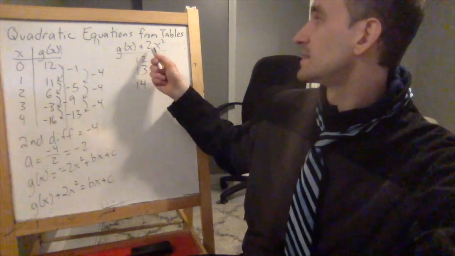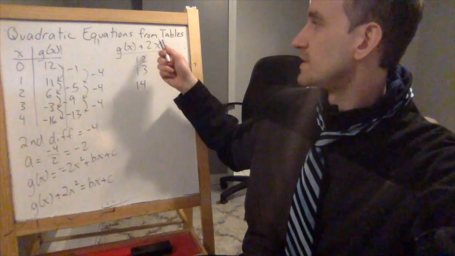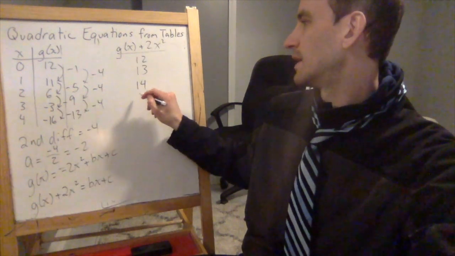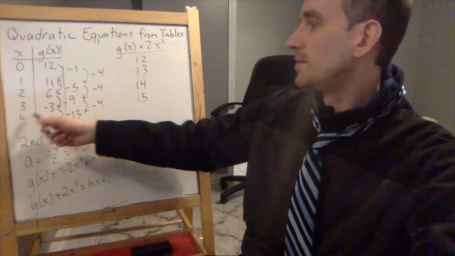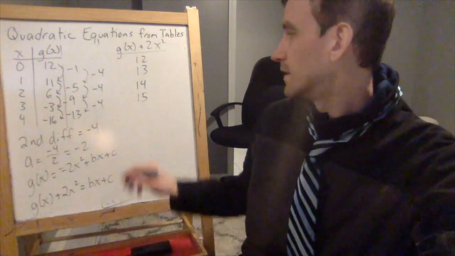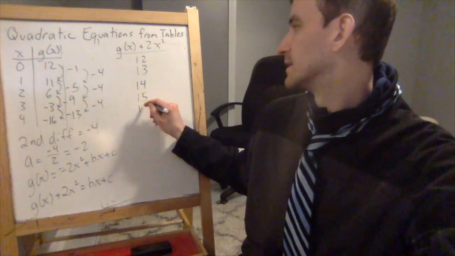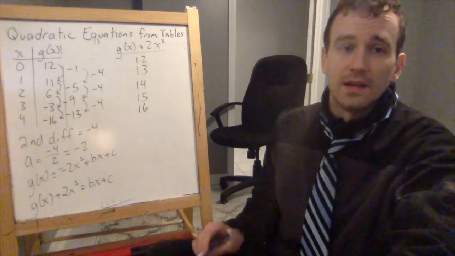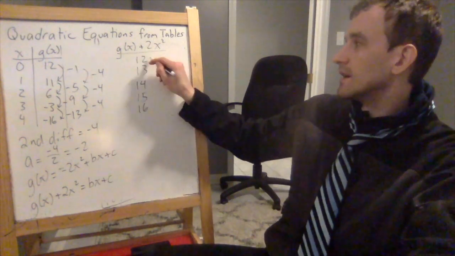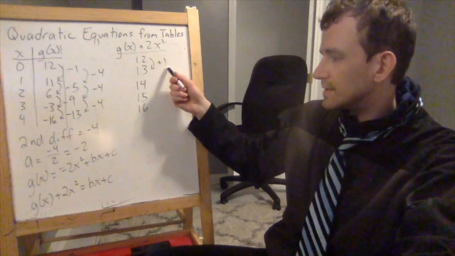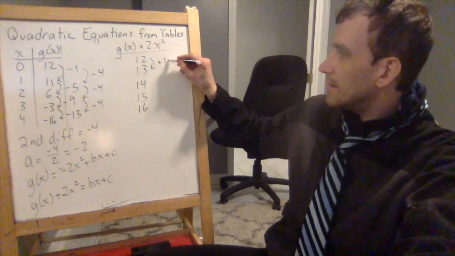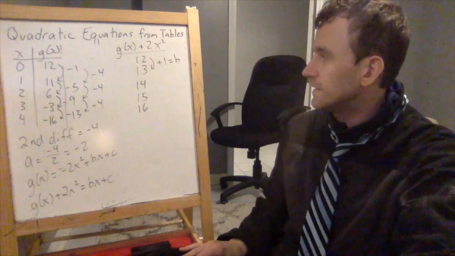Negative 3 plus 2 times 3 squared. 3 squared is 9, times 2 is 18, plus negative 3 is 15. Negative 16 plus 2 times 4 squared gets us 16. So this is linear. We can see we're increasing by 1 each time. So if our common difference is 1, that means that b is 1.